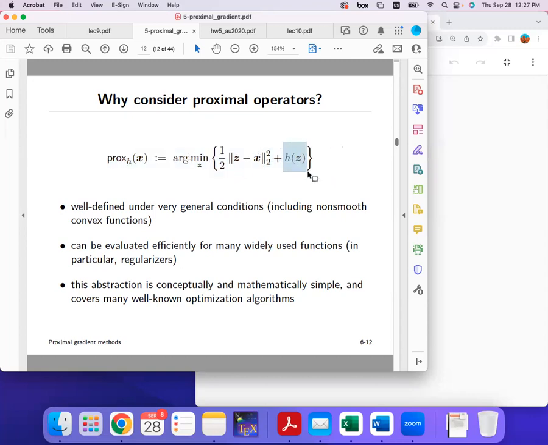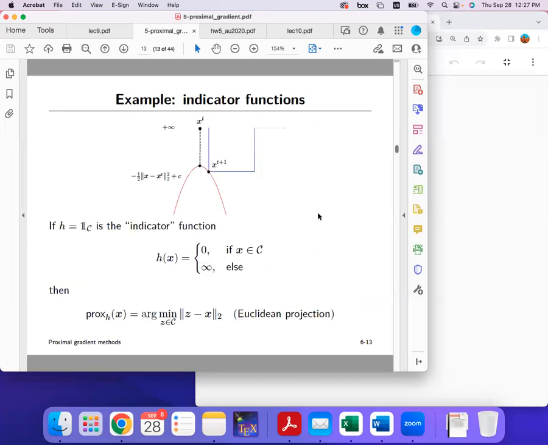Given the function h, we define the proximal mapping associated with h at x as the solution to the following optimization problem: h(z) regularized by a quadratic term. In particular, we showed that if h is an indicator function of the constraint set, then the proximal mapping reduces to the projection onto the set.